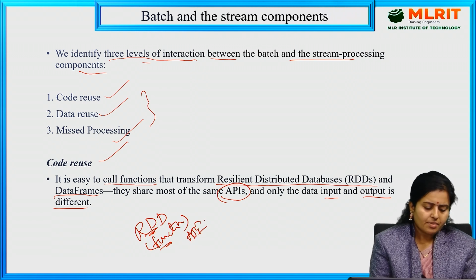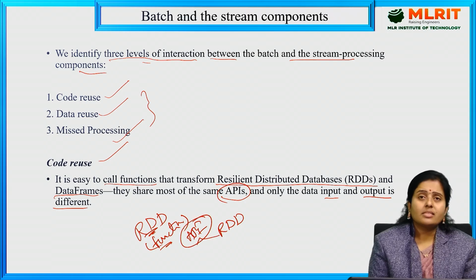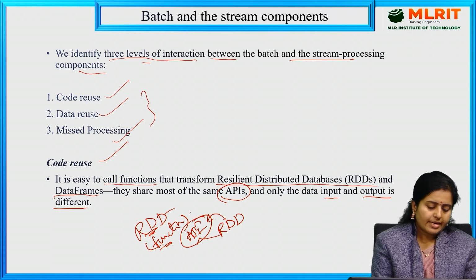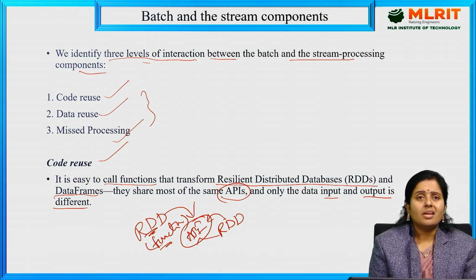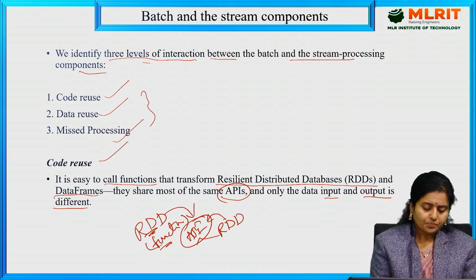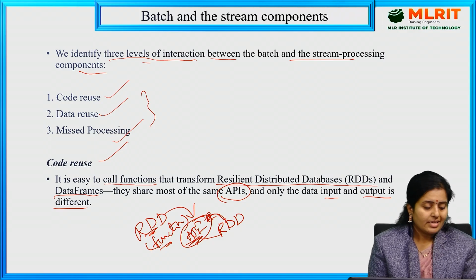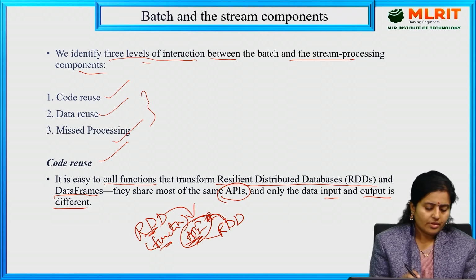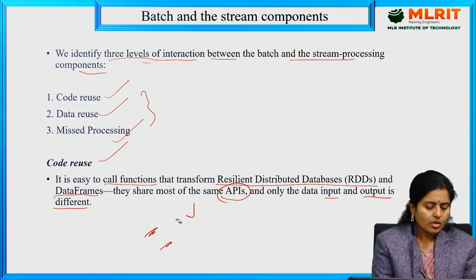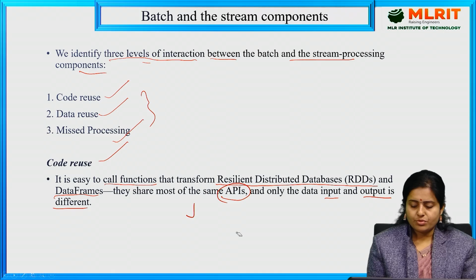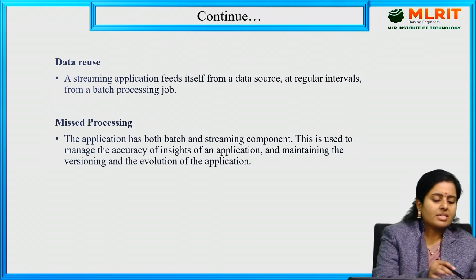If multiple RDDs are working, there is a chance of sharing. So the data manipulation process becomes easy by sharing the code. Yes, so here we can call it code reusage. Now what is data reusage?